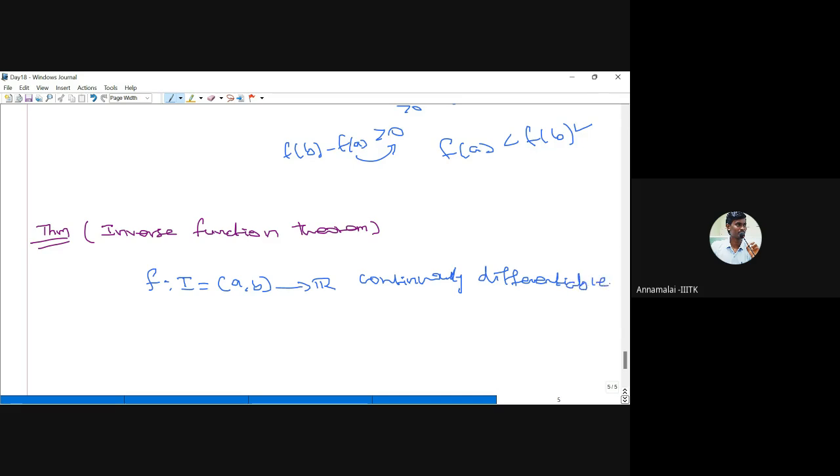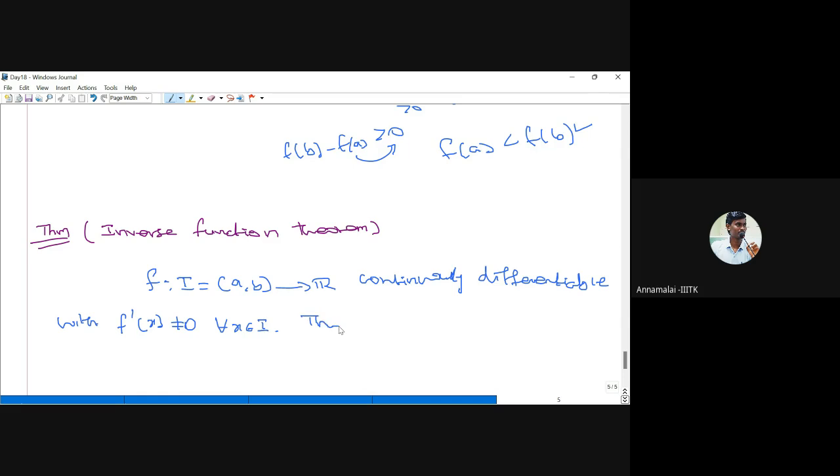That is the meaning of continuously differentiable. With the derivative non-zero, so the derivative at any point x is non-zero for all x in the interval I.